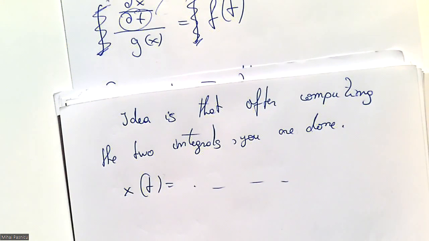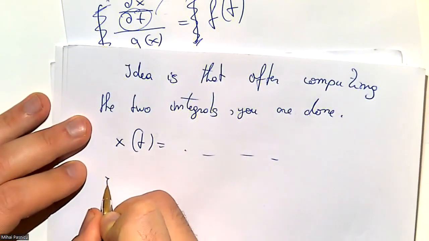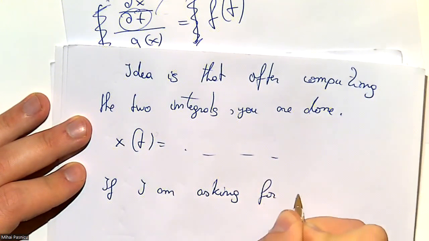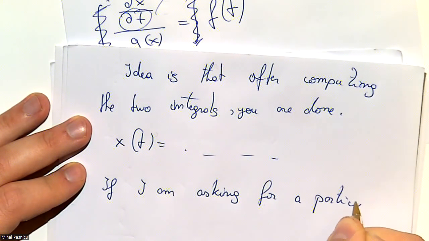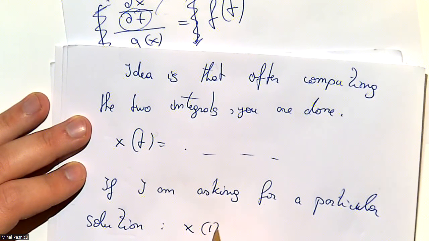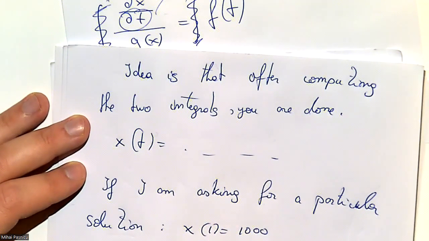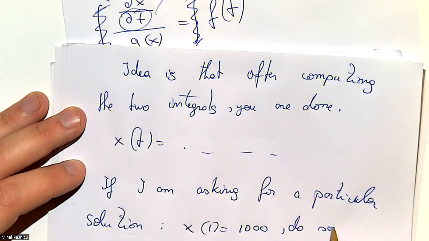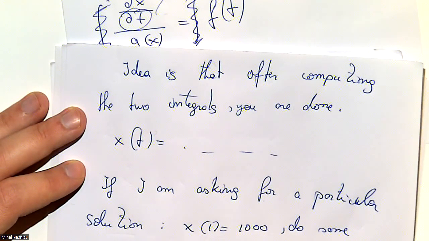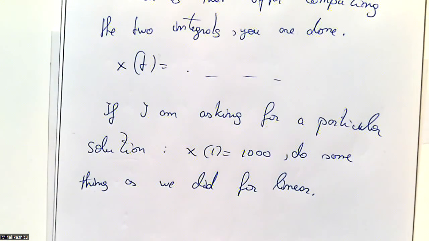And then of course, if I am asking for a particular solution, for example x of 1 is equal to 1000, you do the same thing as we did for linear. What is that same thing? It's basically just you plug in t equals 1 and you get the constant for that being 1000. So you basically just do the exact same thing.